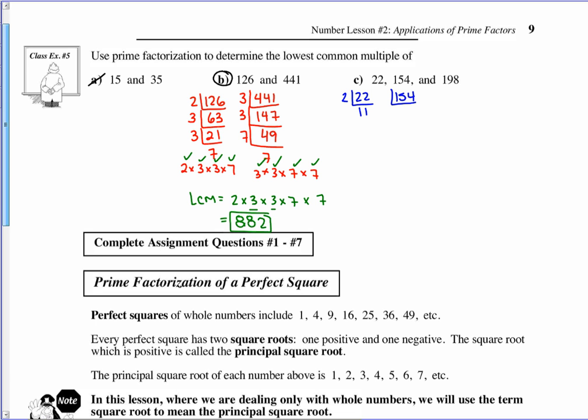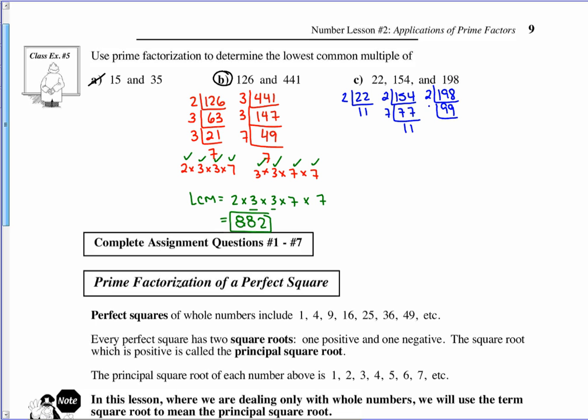154. 2 times 77. And we can divide that by 7. I feel like we just did 198. 2 times 99.